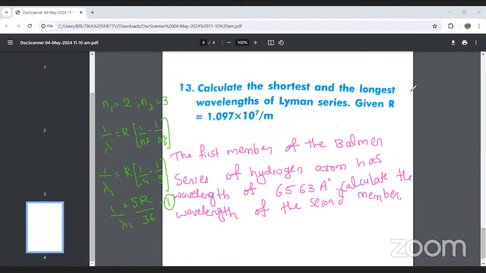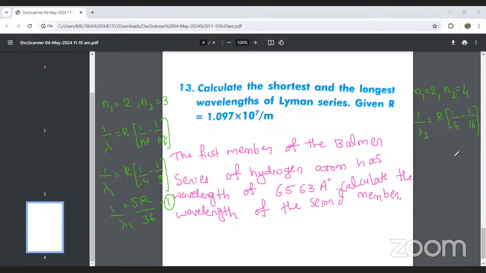For the second member of the Balmer series, n1 is equal to 2 and n2 is equal to 4. Therefore 1 by lambda 2 is equal to R into bracket 1 by 2 square, which is 4, minus 1 by 4 square, which is 16.